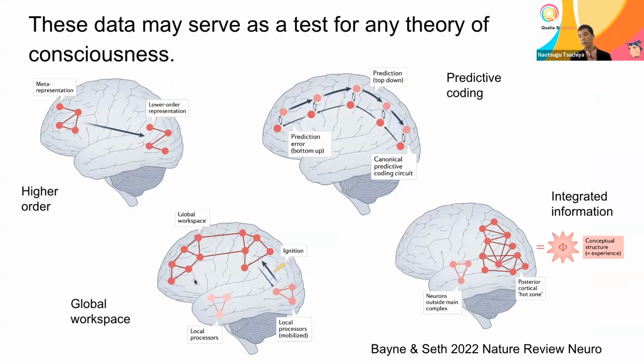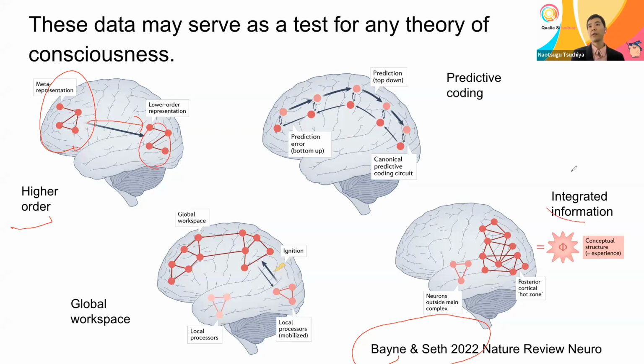Some of you have made a very nice presentation in the week 2 tutorials on the review of the theories of consciousness. You don't need to go into the detail at this stage, but there are 4 types of theories reviewed in this paper, like higher order theory, saying that consciousness exists when a higher area, like the prefrontal cortex, monitors the occipital cortex.